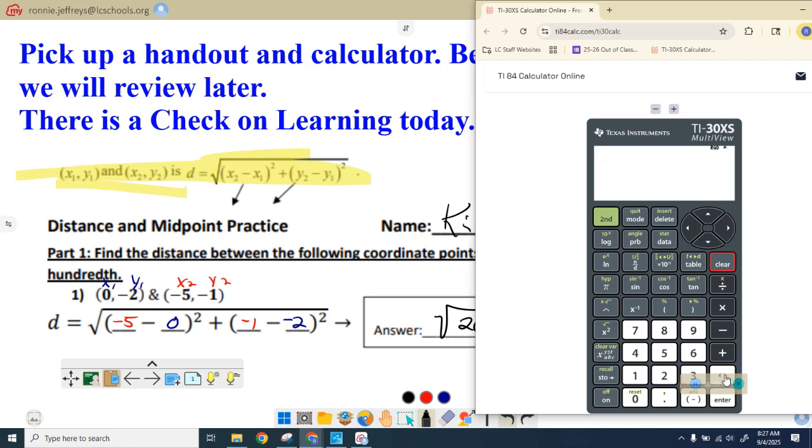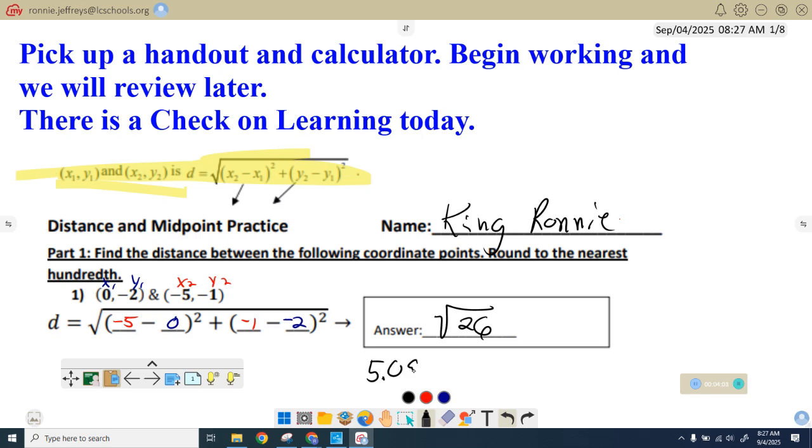Second, square root, what was it? 26. The double arrows. There we go. 5.099. Round to the nearest hundredth. That moves this up. This actually moves up everything. You would have got 5.10. Okay?